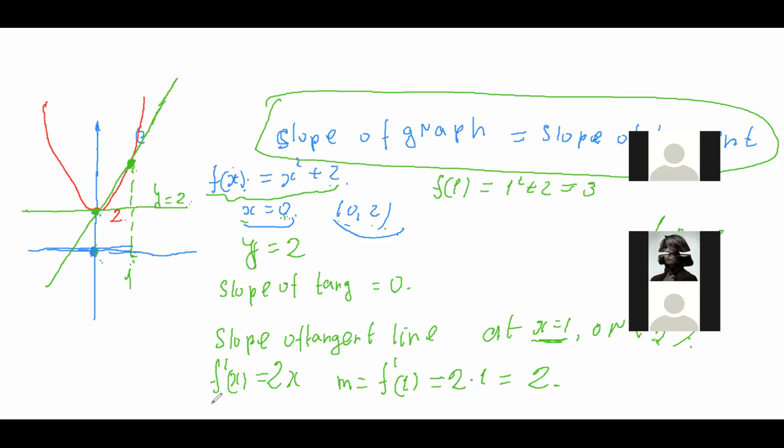However, we can find it from this formula also, because at the point x equals 0, we should find f prime 0, and f prime of 0 is 2 times 0, and it's 0. But we already found it verbally because it was very clear. Okay.